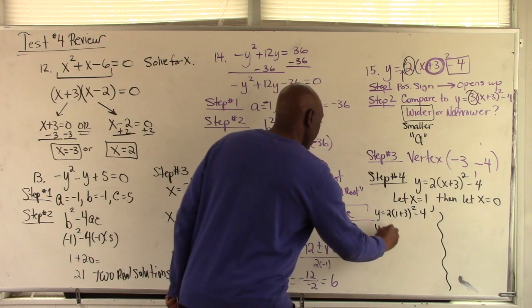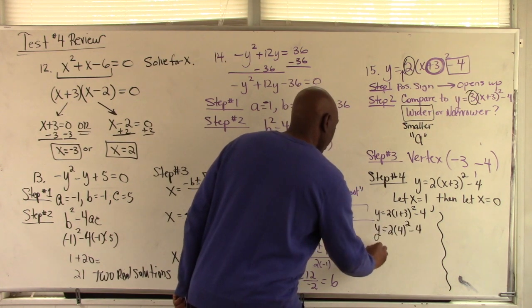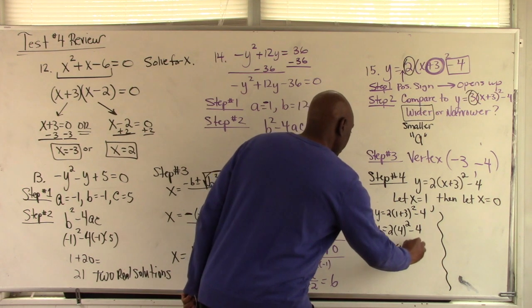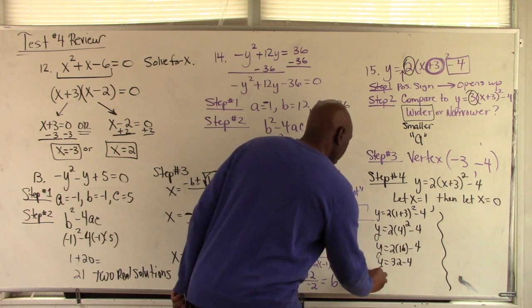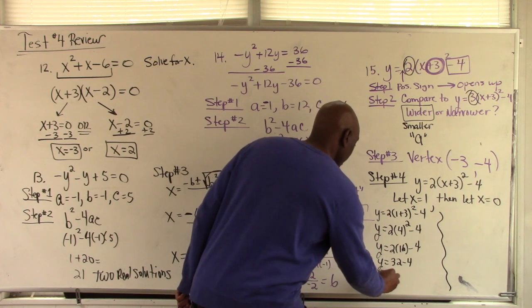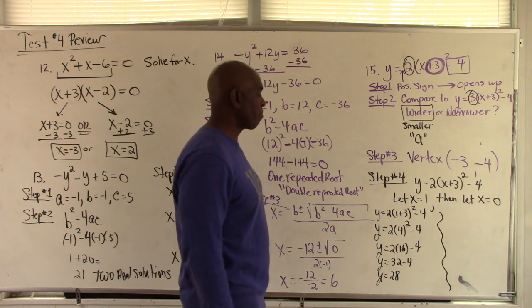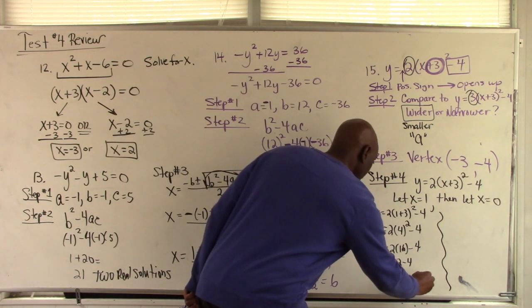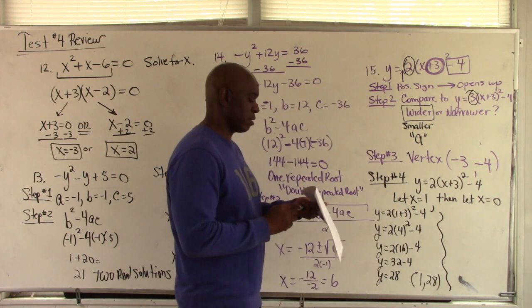So y is going to equal 2 times 4 squared minus 4. So y equals 2 times 16 minus 4. So y equals 32 minus 4. So y equals 28. There we go. So that's one additional point. So the point here is going to be 1 comma 28. When x is 1, y is 28.